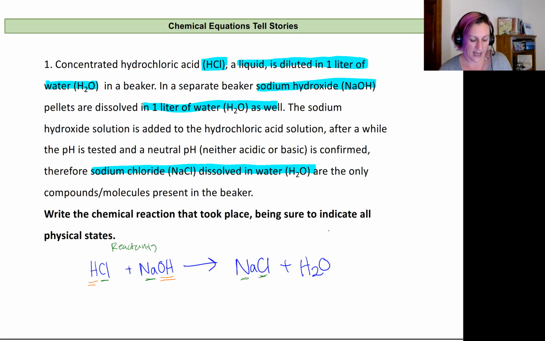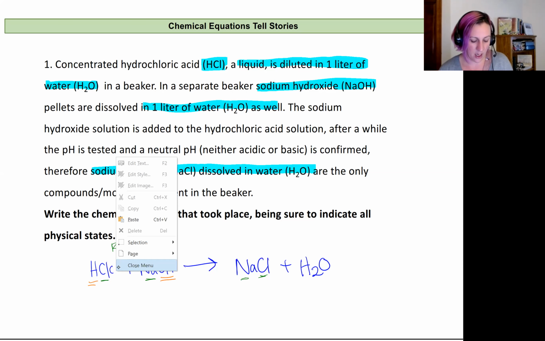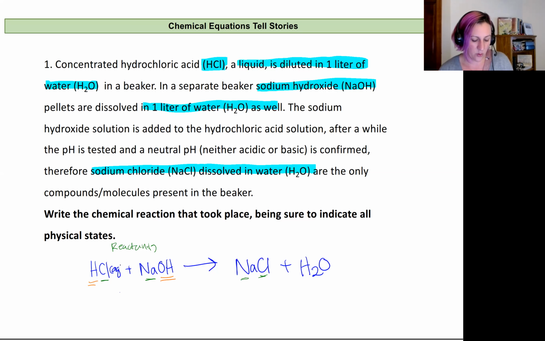So I'm going to go ahead and say that my hydrochloric acid is aqueous, and that's going to let everyone know the piece of information that this concentrated hydrochloric acid is diluted in water. So there is lots of water present, and we're not leaving that information out. We're just calling it aqueous instead of writing it out into the chemical reaction because that water isn't actually doing anything. Now my sodium chloride is dissolved in water too in my product, so that means its phase is also aqueous.